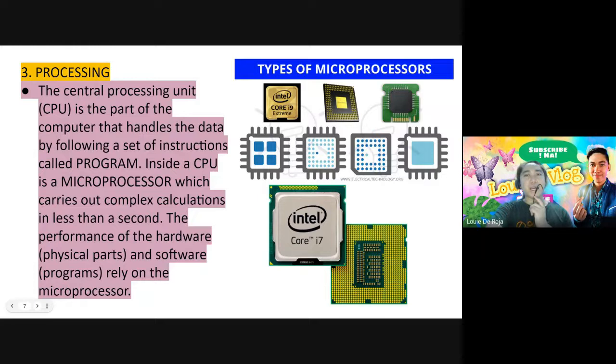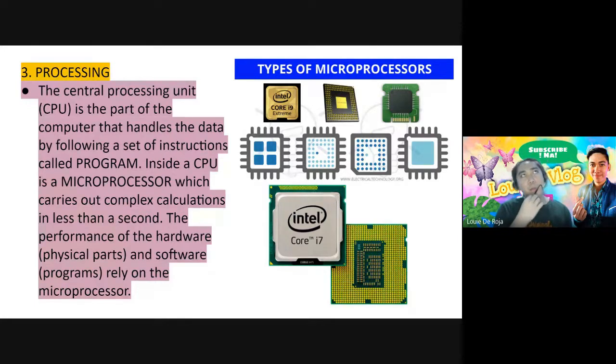So may iba-iba tayong klase ng processors. Ito yung makikita nyo sa inyong mga laptop. Meron tayong Core i3, Core i5, Core i7, Core i9, or Intel lang na nakalagay. So iba-iba yung functions niya. Kung ang gusto niyo ng laptop is for student type of laptop, siguro yung mga i3 or yung Intel lang yung nakalagay.